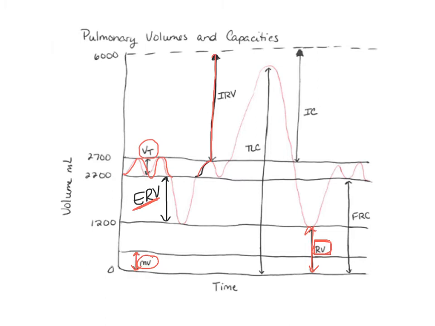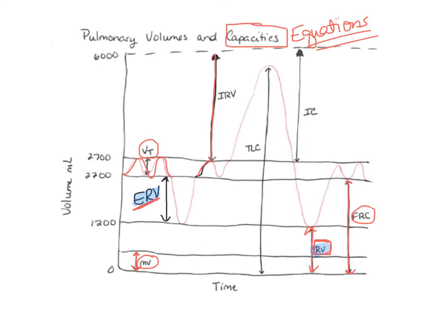There are a couple of capacities then that we have to know. Capacities are equations. They're where we're going to add these things together to look at different capacities. So the first capacity we have is called the functional residual capacity. The functional residual capacity is the expiratory reserve volume plus the residual volume.